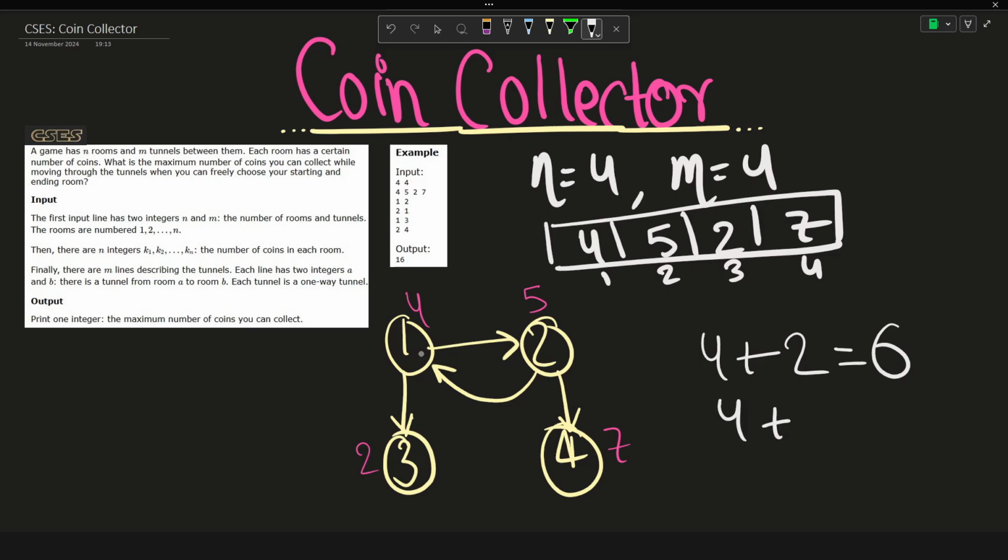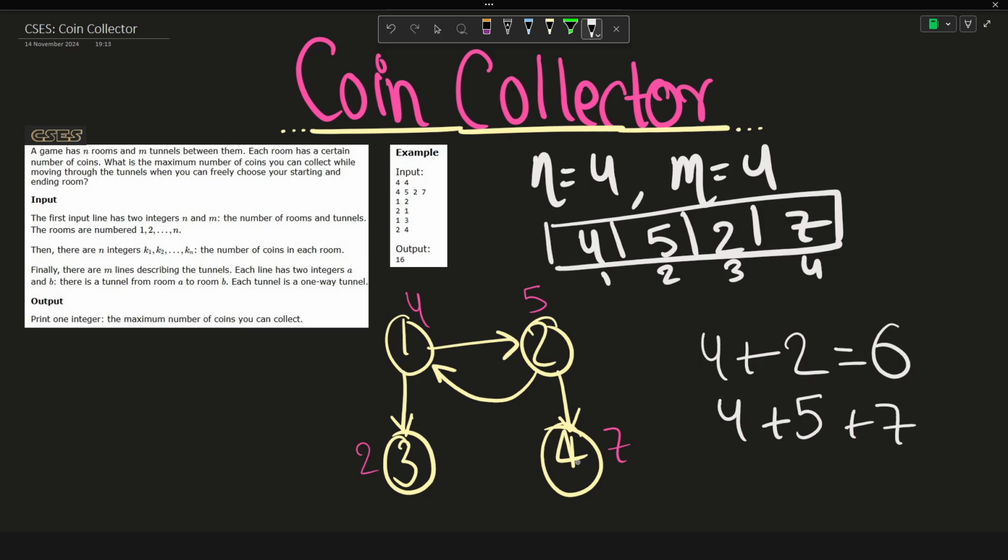Now suppose we have decided to go to the second room instead of the third room, then the coins added to our result will be 5, right? Now is there any way to go from the second room? Yes. From the second room we can go either back to the first room or to the fourth room. So suppose we decided to go to the fourth room. Then the coin value added to our result will be 7, right?